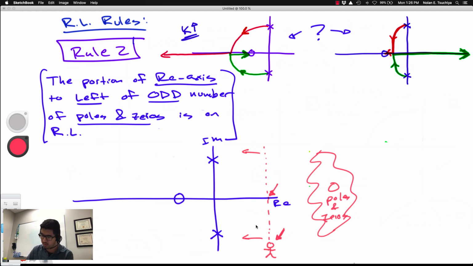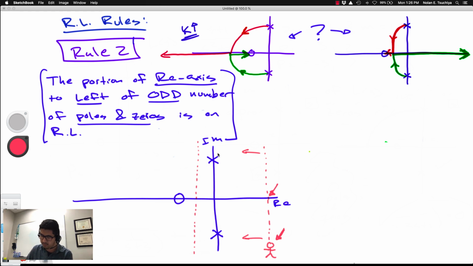Really nothing else interesting happens until we cross the imaginary axis, in which case you would say to yourself, right now I am to the left of 2 poles and zeros. 2 is also not an odd number. Therefore, this point right here is also not considered to be part of the root locus.